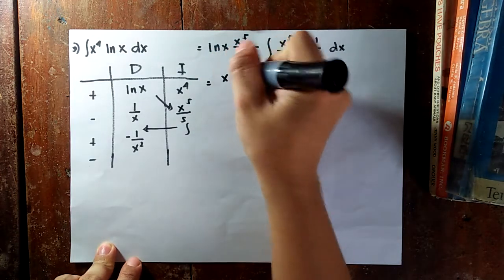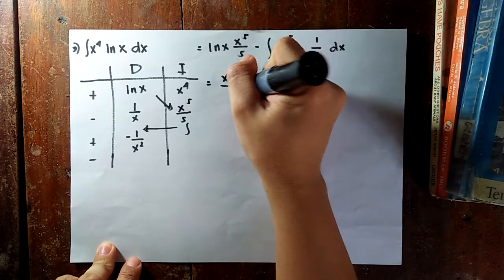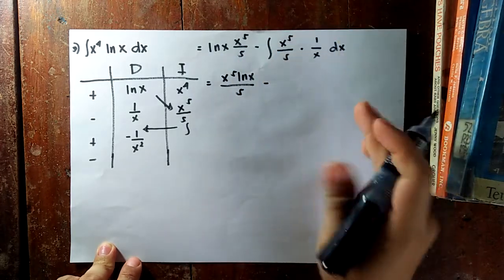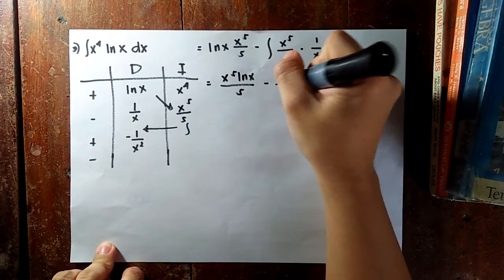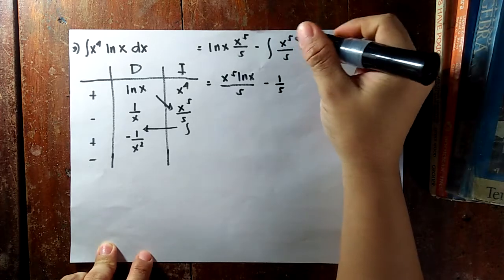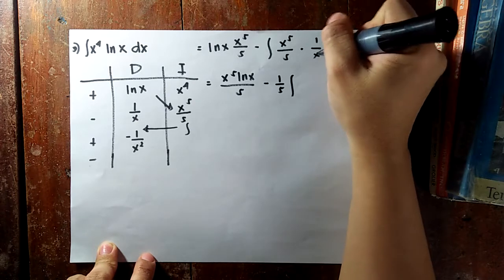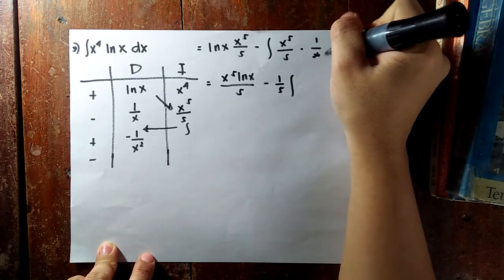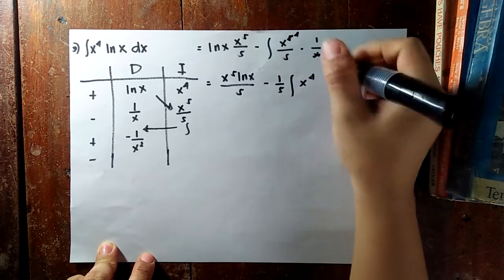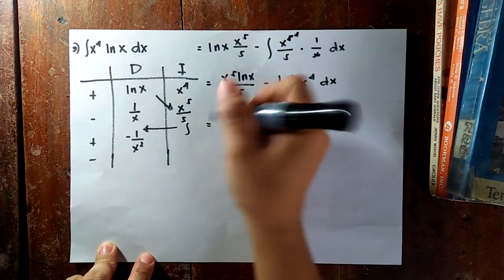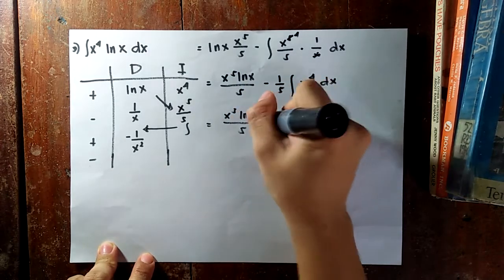The answer would be x to the fifth ln of x all over 5 minus, let us put the constant outside, minus 1/5 times the integral of, since this is in the denominator, let us cancel out, and this will be x to the fourth dx.